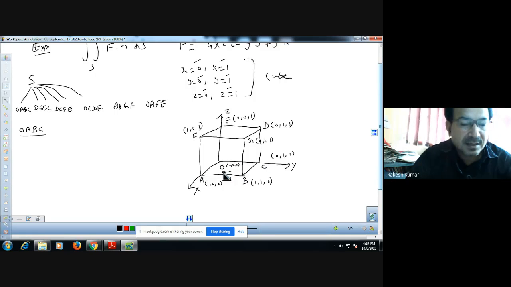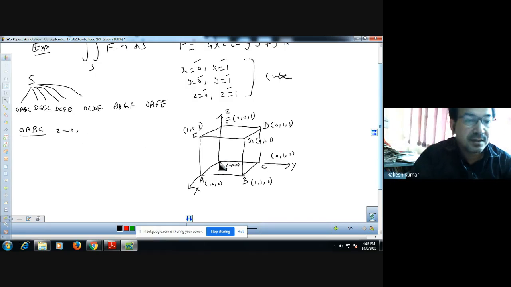The face OABC is the floor, lying in the XY plane, where z is equal to 0. Along the z-axis we have the unit vector k cap, along the y-axis j cap, and along the x-axis i cap.